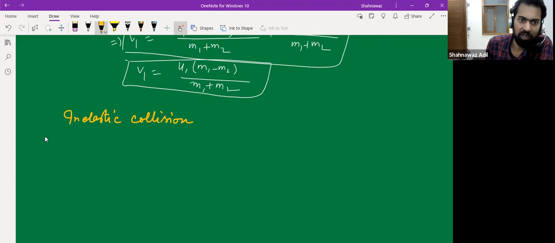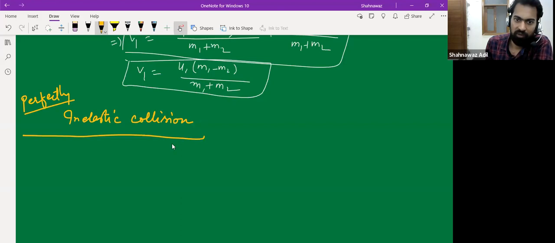And what is a perfectly inelastic collision? The physical representation is this: this guy was moving with velocity u1, mass m1, and this guy was moving with velocity u2, mass m2.